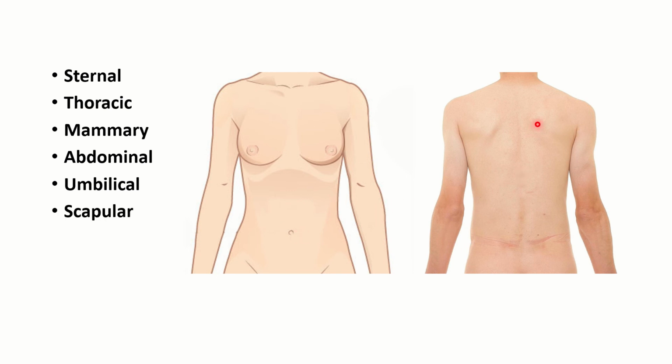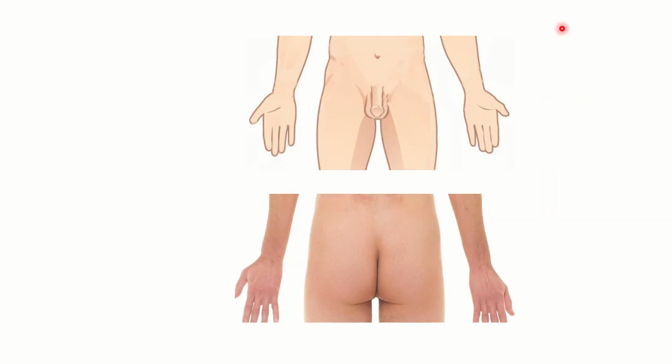Scapular is the back. So here is the scapula, so these are the shoulder blades. And vertebral is the vertebral column area, the spinal cord area, this area. This whole area is called dorsum. Pelvic is lower than the abdomen, so this area.